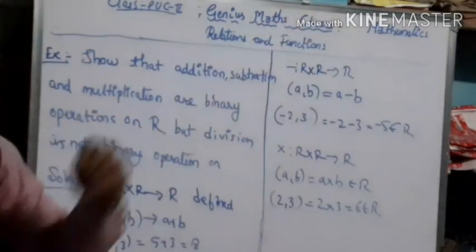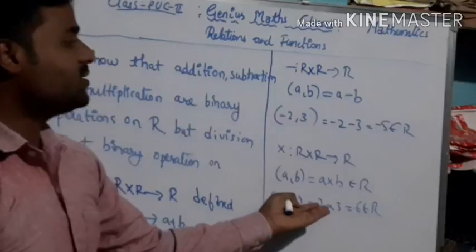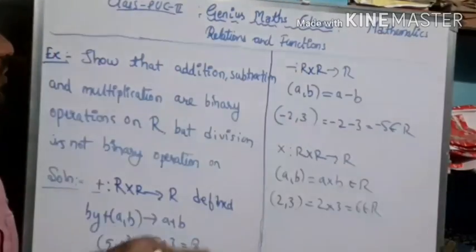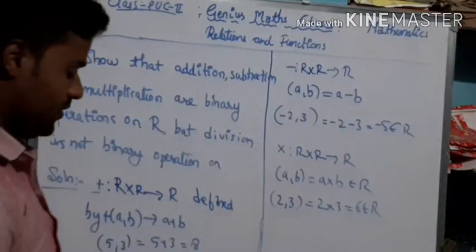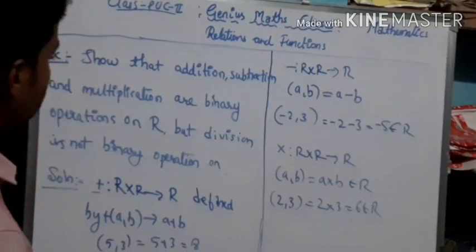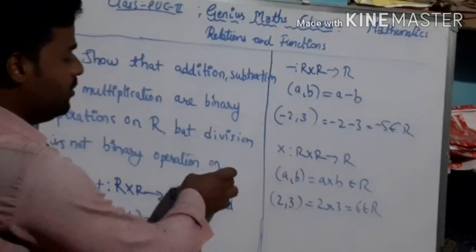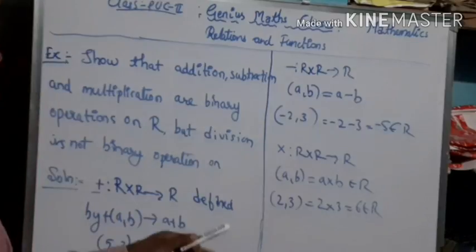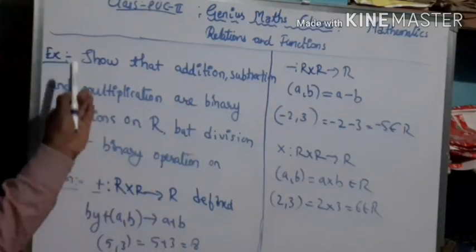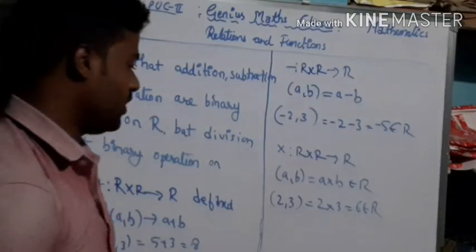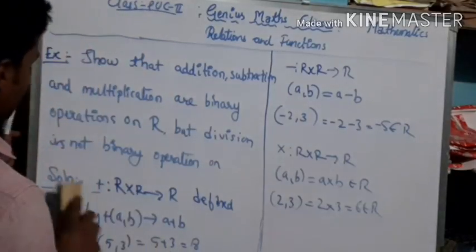Why? Because negative numbers are not there in natural numbers. So this is a simple concept: on which set you are defining the operation is very important in a binary operation. This is a simple example.